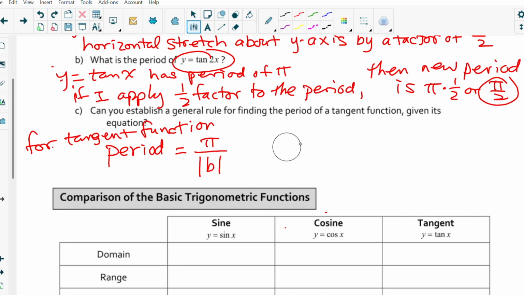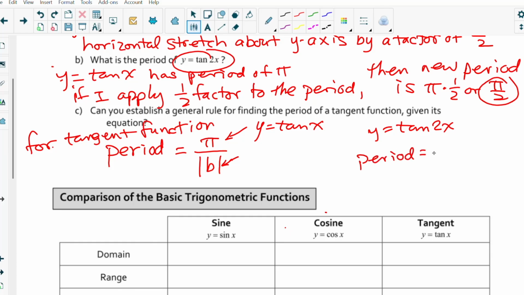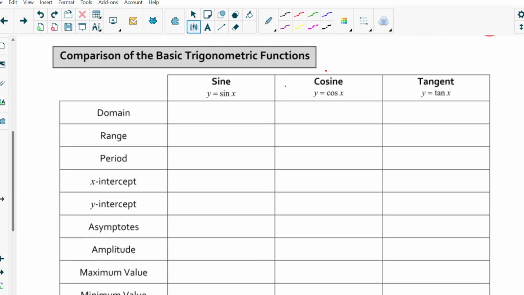For y equals tangent of x, the period is pi, but anytime I change the b value, I change my period by dividing by the absolute value of b. In this case, y equals tangent of 2x, my new period is pi divided by the absolute value of 2, which is pi over 2, what we determined before.